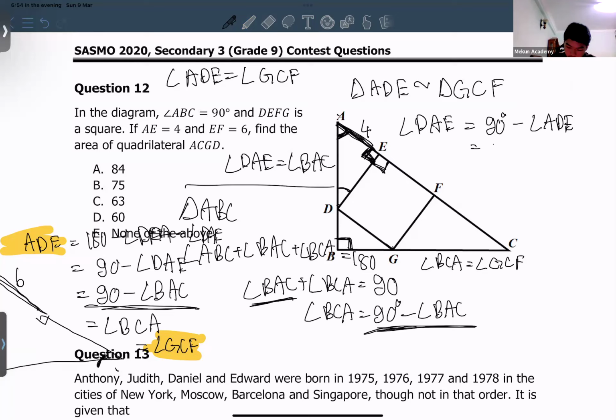So you can substitute that in, and you'll get 90 minus angle GCF. And 90 minus angle GCF, which is over here, and this is a right angle, you'll get angle FGC. So from this, you can say that angle DAE equals angle FGC.